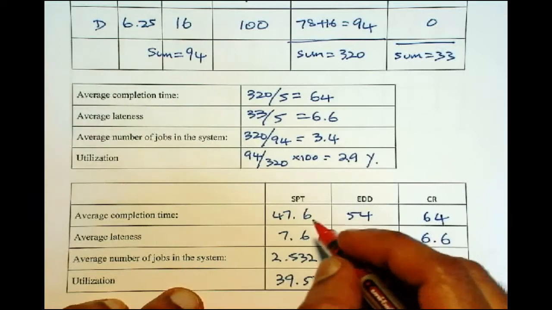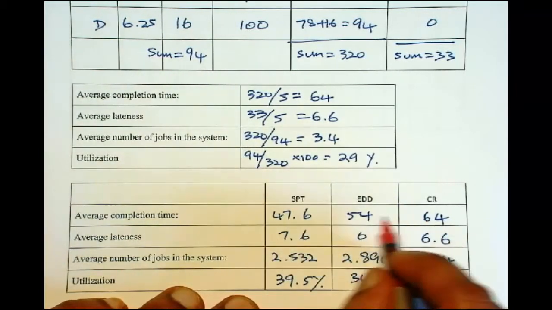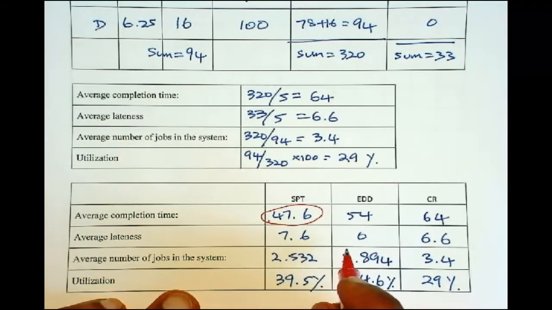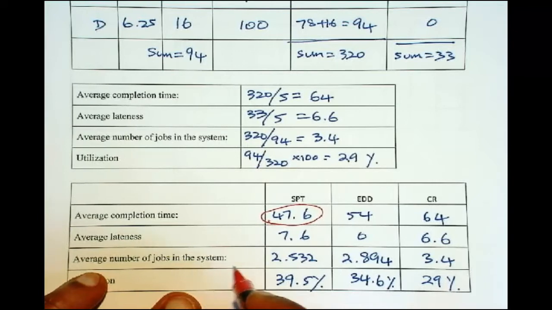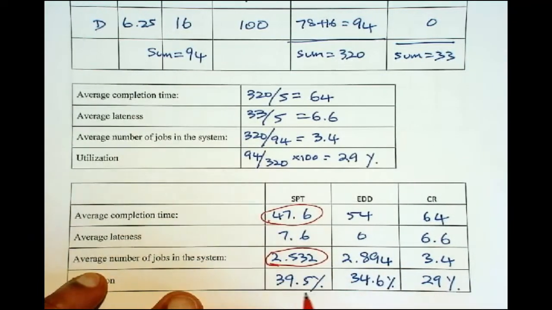Now you see the first one is the measure for WIP, and SPT gives you the smallest value, and similarly the average number of jobs in the system is also a measure of work in process inventory. So SPT gives you the minimum value.